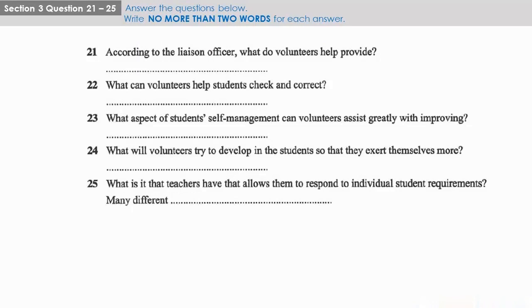You will hear a conversation between two training college students and their liaison officer who is enrolling them in a volunteer program which provides English language support in a local secondary school. First, you have some time to look at questions 21 to 25. Listen carefully and answer questions 21 to 25.